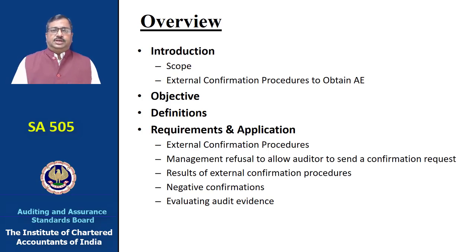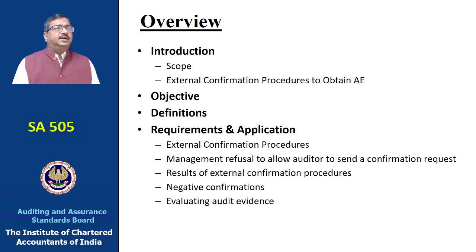External confirmation is the confirmation which is taken from an external source directly by the auditor, and therefore it is more reliable. Written confirmations are more reliable as compared to oral confirmations. Therefore, external confirmation in audit evidence plays a very important role.